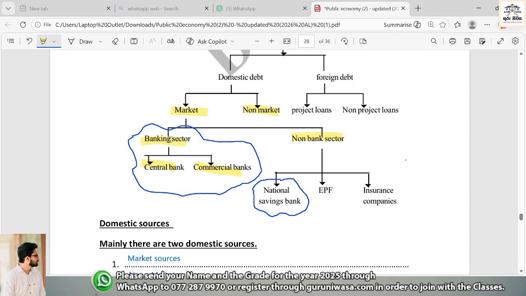When it comes to the banking sector or financial market, in developing countries like Sri Lanka, financial markets don't have an unlimited amount of loanable funds.